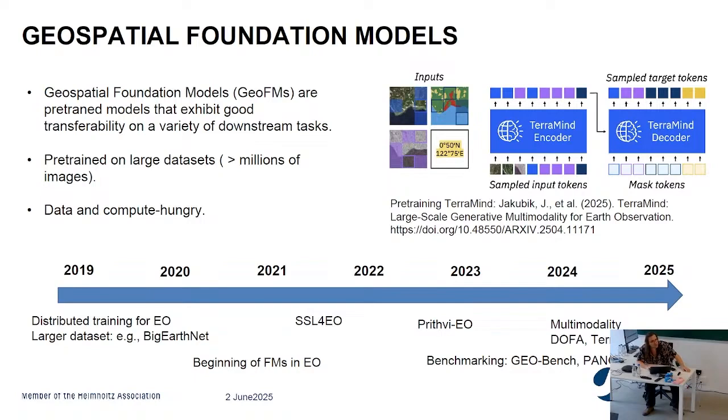Of course, multimodality, and here again, TerraMind, the reason why we're here today, basically. But what is important is that this shift toward more compute and bigger datasets is taking place also for us. This is something that is already affecting the EO community.